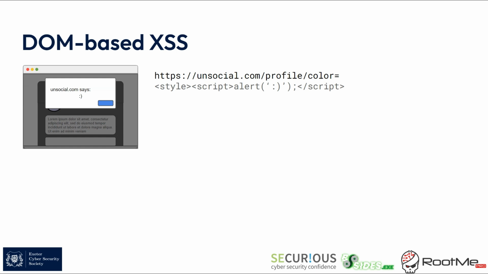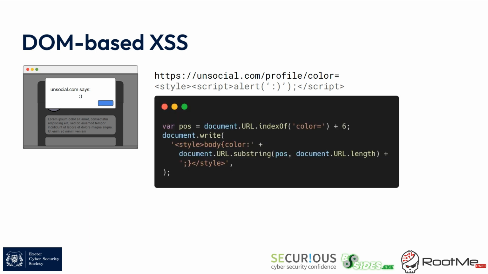So how is that possible? So you can see here that the difference in this payload is that I've actually escaped it with a style tag. And if I look at the code that's behind my website, I'm using a method in JavaScript called document.write. Now, this is considered one of the unsafe JavaScript methods that can interact directly with the DOM.